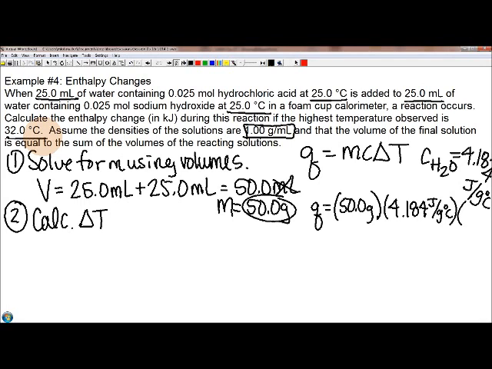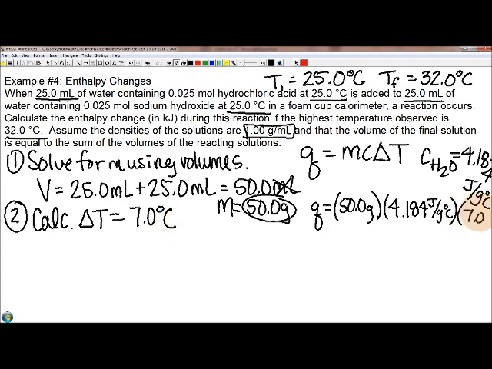The 25 and 25 just mean that both solutions start out at the same temperature. So T1 is going to be 25 degrees Celsius. The final temperature, Tf, will be 32 degrees Celsius. To find the change in temperature, we take 32 minus 25, and you get 7 degrees Celsius. We can plug that into our equation.